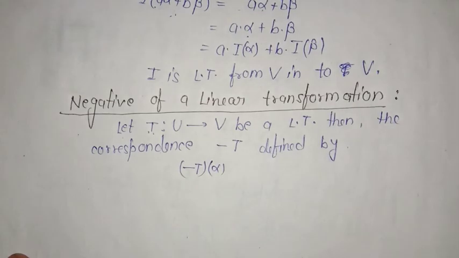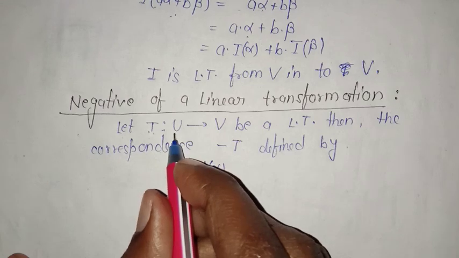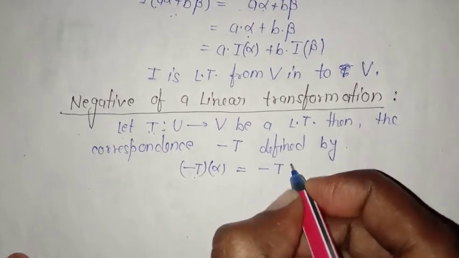That is, if you apply the transformation minus T over the element of the vector space U, you will get that minus T of alpha.